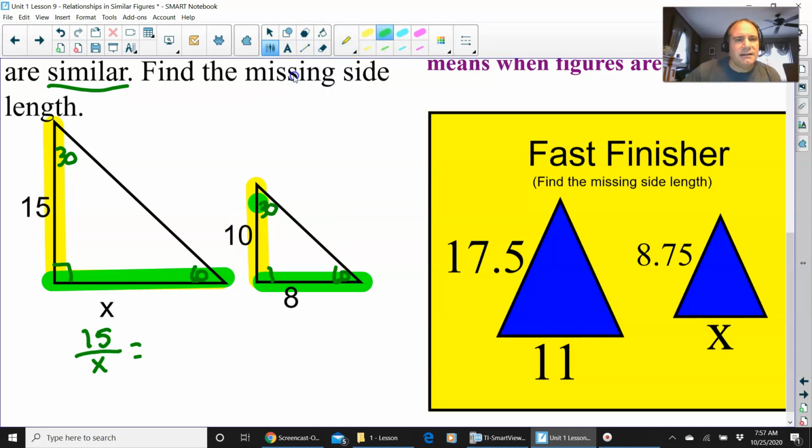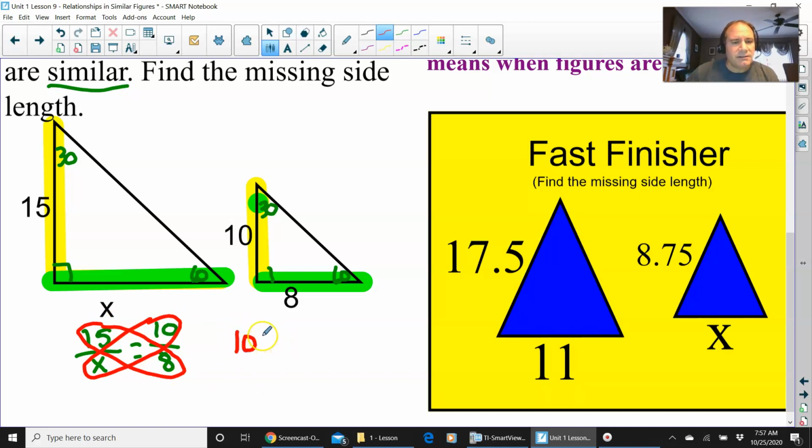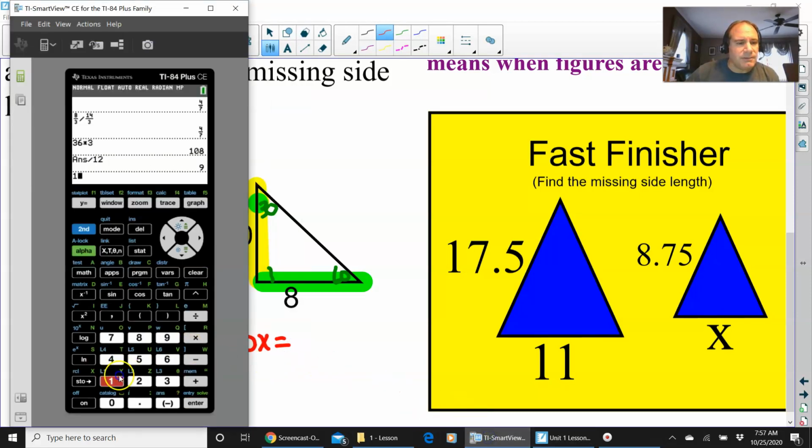So since I made 15 over x as my first fraction, I have to have 10 over 8 matching up the corresponding side. This side over this side, that means this side over that side. Now cross multiply, and we're going to figure out how much that x is. We're going to cross multiply first and this second. And it doesn't matter which one you do first. So 10 over x, 10 times x is 10x. 15 times 8, just to make sure. 15 times 8 in the calculator, 120.